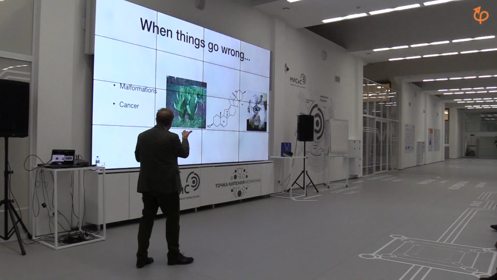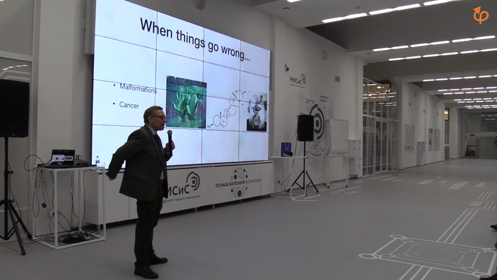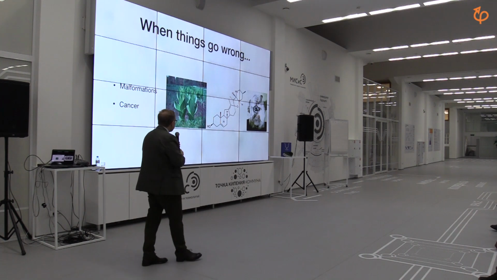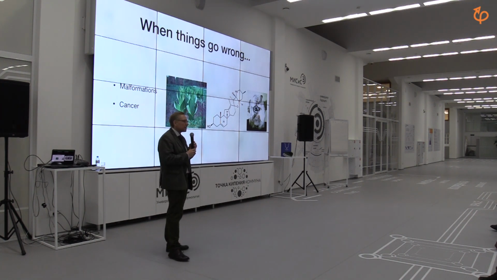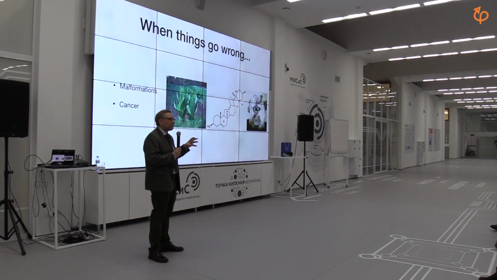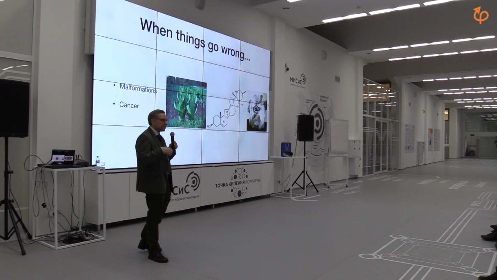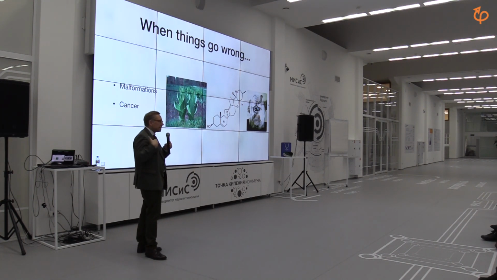You can have malformations during the development, which can affect many organ systems. And also, cancer, for example, is an outcome of miscommunication and misidentification of cells in your body. So when you have, for example, a cell in your body getting the wrong information by mutation or something like this, you can have cancer as a disease, right?